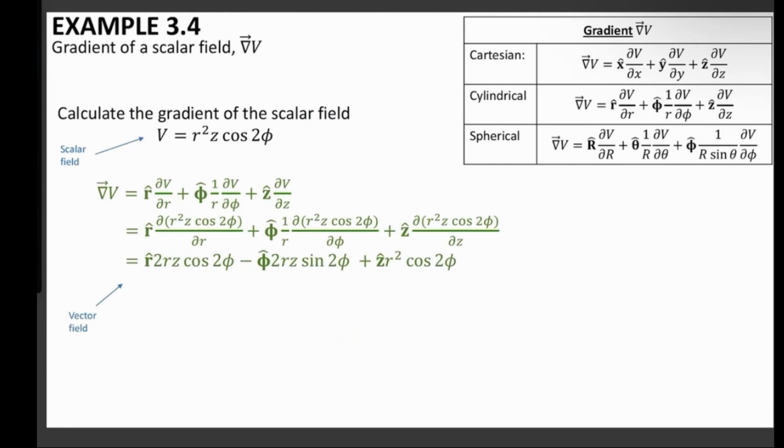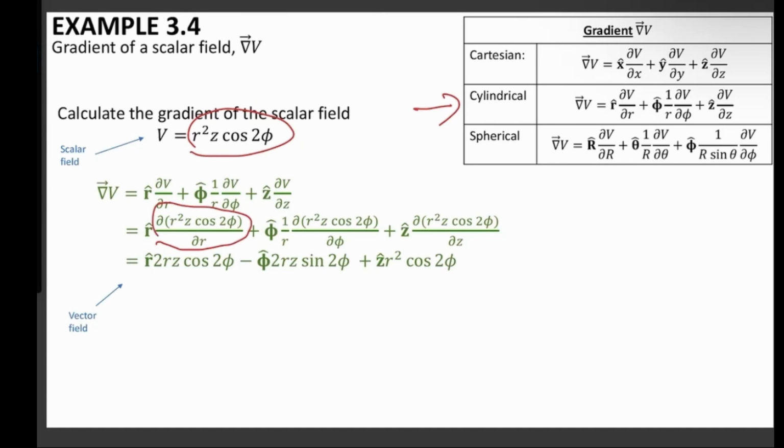Example number 2: calculate the gradient of the scalar field, just using cylindrical coordinates. One by one, first we do the partial derivative with respect to r, then we get this value.